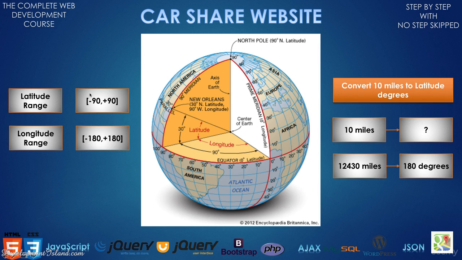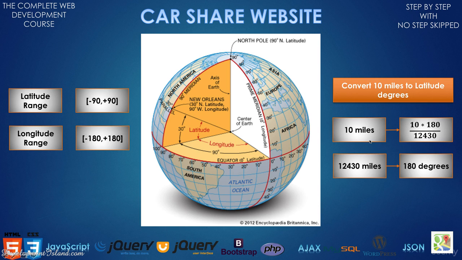And that corresponds to the whole range between -90 and +90, a range of 180 degrees. So for 10 miles, it's quite simple. The result is 10 multiplied by 180 divided by 12,430. And that's our latitude tolerance.